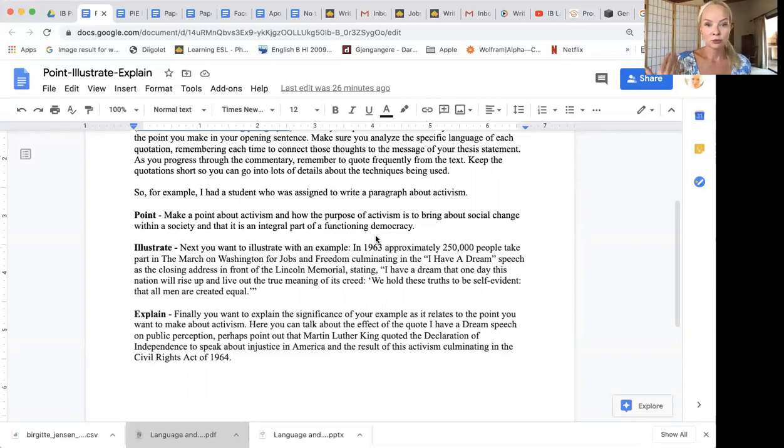When Martin Luther King pointed out that this is our Declaration of Independence and that all Americans don't have these freedoms, enough people were galvanized at this point. 250,000 marched. So eventually that led to the Civil Rights Act of 1964, in which legal rights were given.